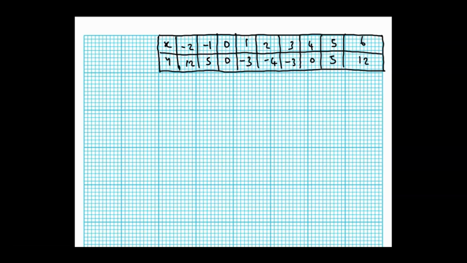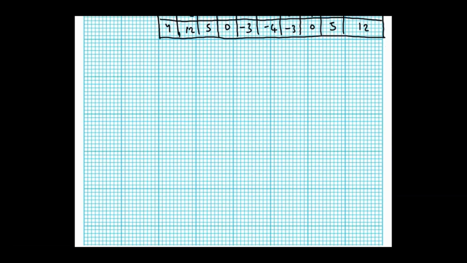But looking at the specifics of our question, we are told to use a scale of 2 centimeters to 1 unit on the x-axis. This means 2 centimeters represent 1 unit on the x-axis. We come to our graph paper, find the central place, then put a line here. The x-axis, as we know, is the horizontal line, the horizontal plane, like this.